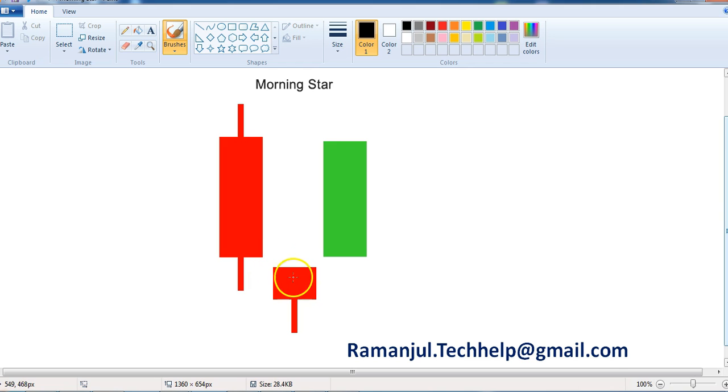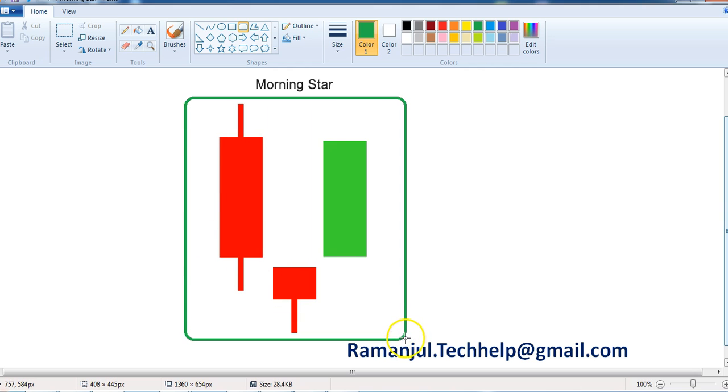Even though we don't see a green signal, because of the bullish and bearish fight, the trend has changed and the doji is occurring here. And if we combine all these three candles, we are going to get another candle, that is again a red candle.